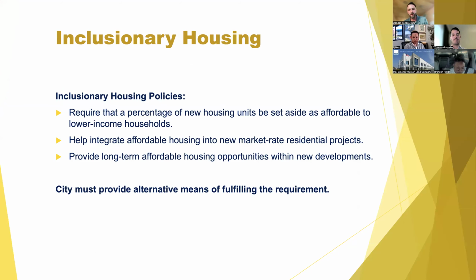I'm going to go through inclusionary housing, and then I'll touch on commercial and industrial linkage fees. A couple slides for each, just background and how you'll experience these things, how they will show up in the city of Carson. So first, with the inclusionary housing policy, the city has identified, and this is not uncommon in California, that there's a gap between housing that is provided by the market rate housing, and what lower income households can afford.